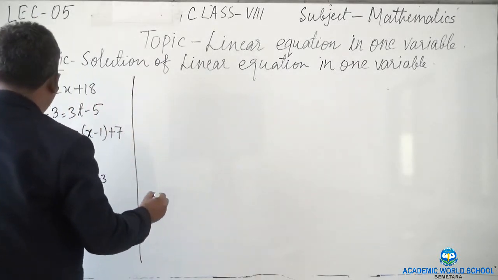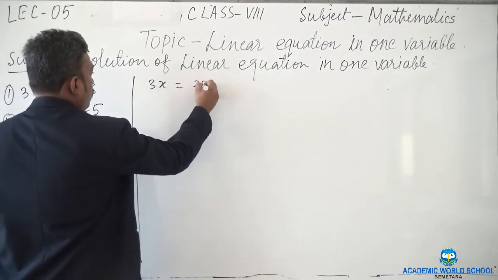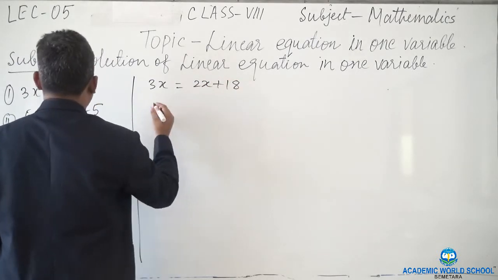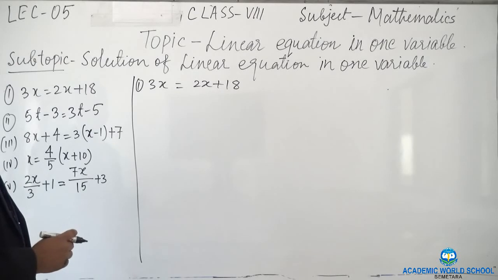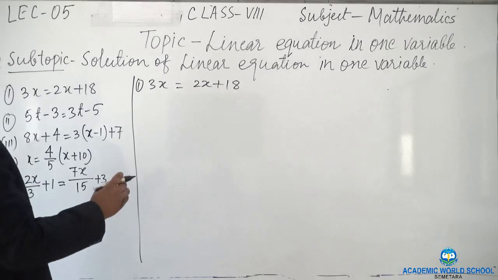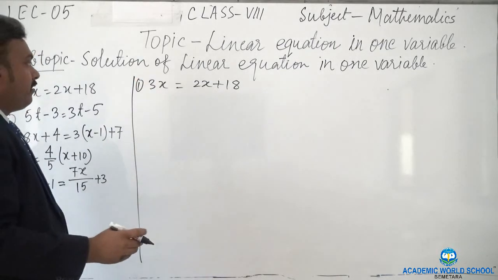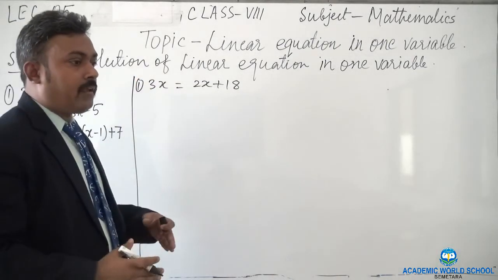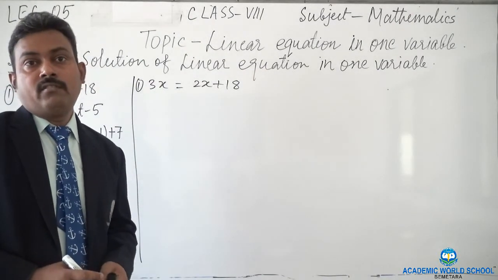The first example we are going to take is 3x equal to 2x plus 18. Right, 3x equal to 2x plus 18. Now we will move this 2x to the left side because in the second step we need to do addition or subtraction, right?